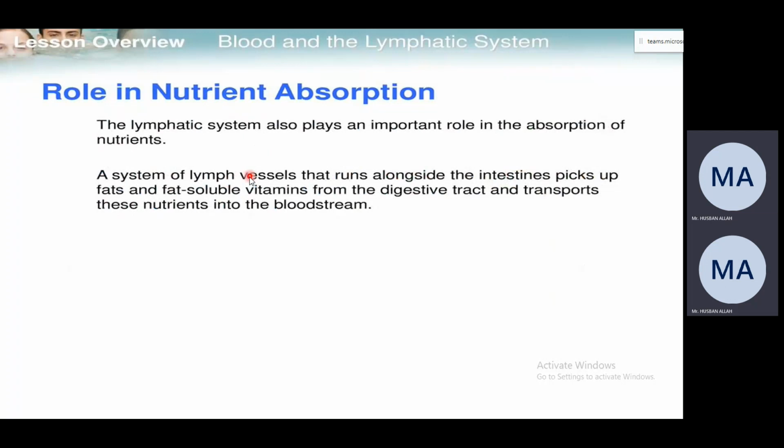A system of lymph vessels that runs alongside the intestines picks up fats and fat-soluble vitamins from the digestive tract and transports these nutrients into the bloodstream.